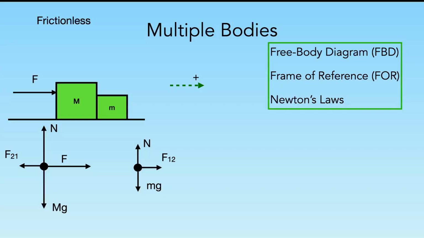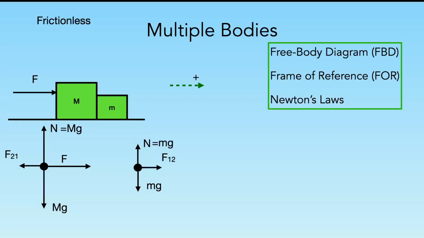I'll call it F12. Now, what we know from Newton's third law is that F12 is equal and opposite to F21. So they have the same value. I know that the normal force is not accelerating up or down, so the normal force is Mg.